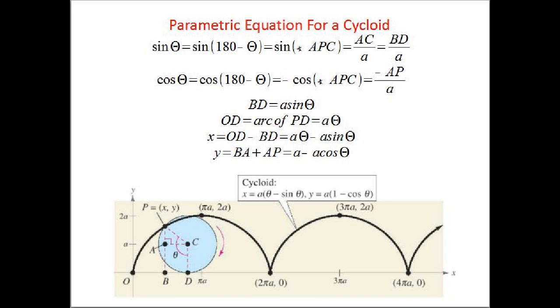So for x, we have x is equal to OD minus BD, and plugging in the values we just solved for, we have x is equal to A theta minus A sine of theta.